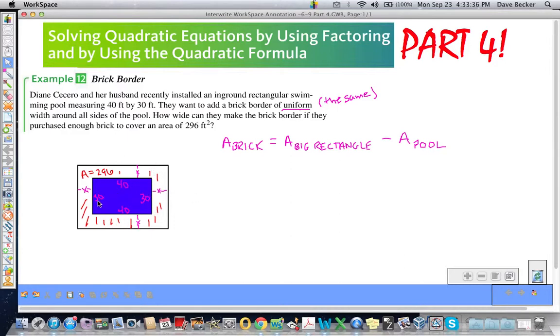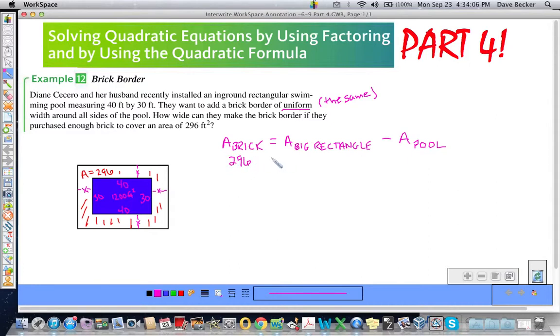And the good news is we know the area of the pool, or we can figure it out because we know the dimensions. 30 times 40, that is going to be the pool area. The area of the pool is 1,200 square feet because 40 times 30 is 1,200. Okay, so we know some things here, right? The area of the brick, we need it to be 296.